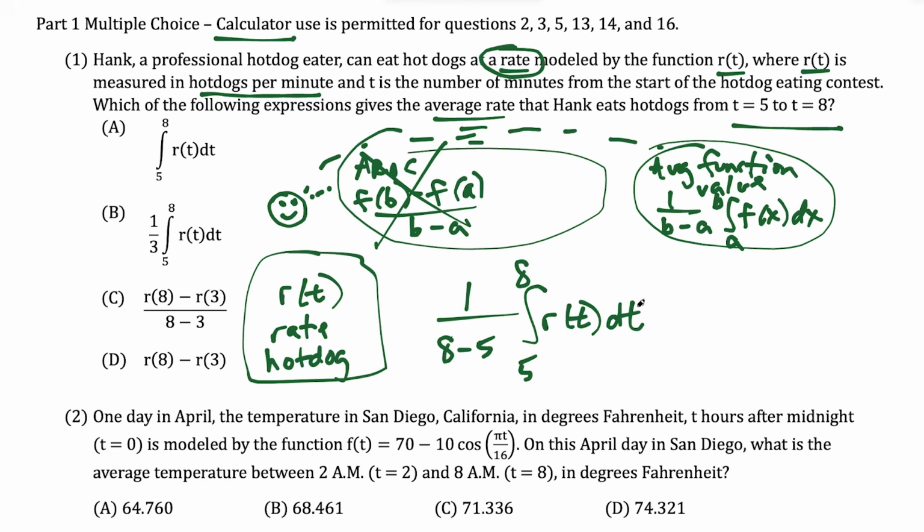Once again, R of t is the rate that Hank eats hot dogs. Now we simplify: 1 over 8 minus 5 simplifies to 1/3, and we have the integral from 5 to 8 of R of t dt. Scanning the answer choices, this matches choice B.